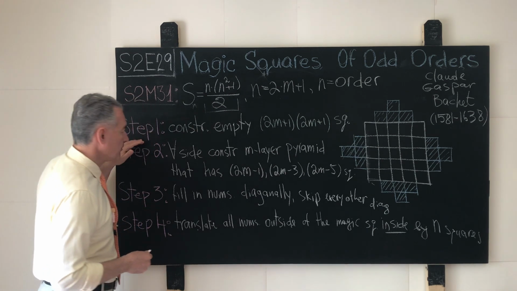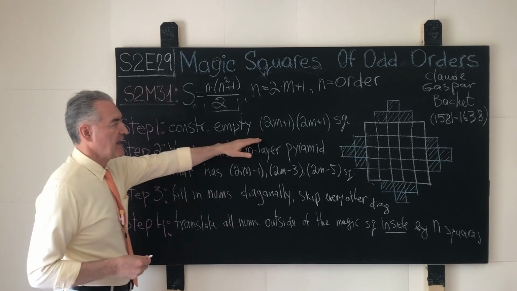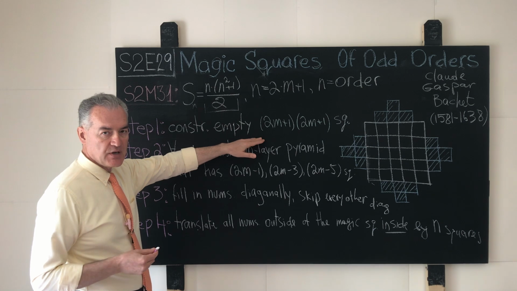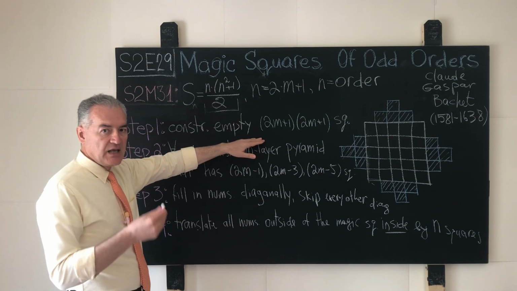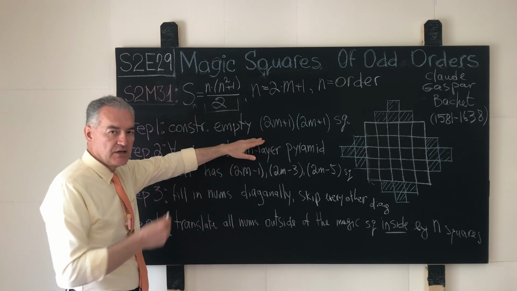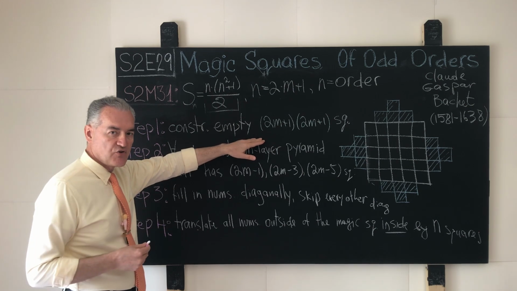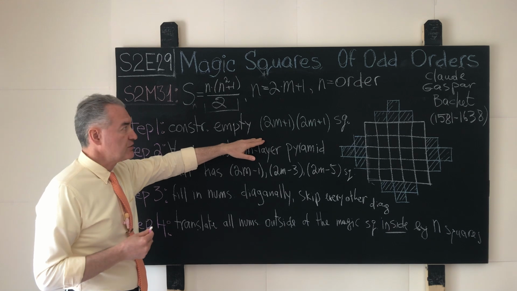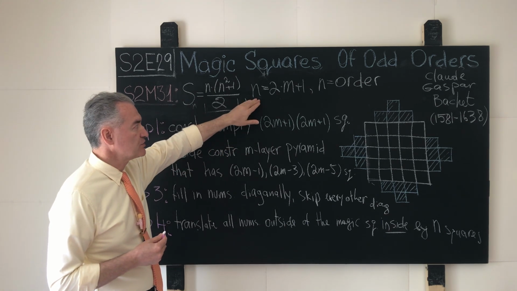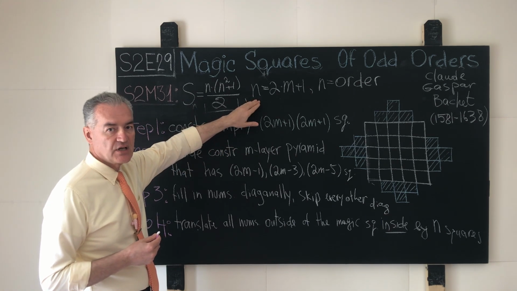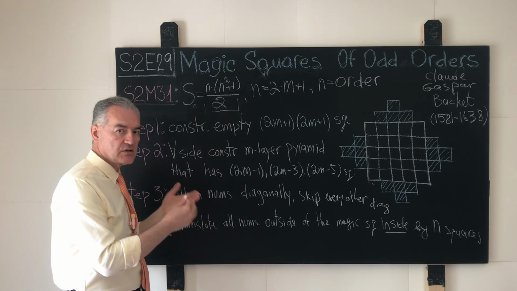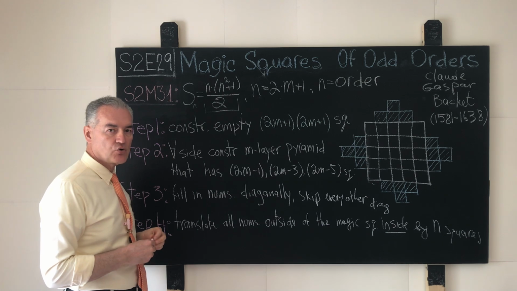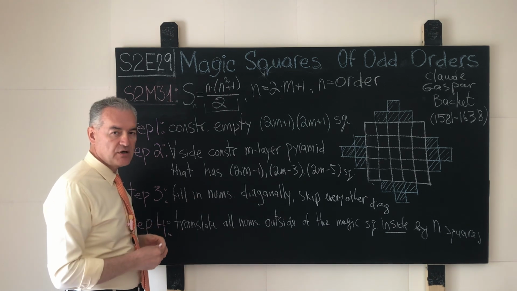In the first step, we are to construct an empty n by n magic square, which we explained how to do in the previous segment. In this episode, as far as the Bachet algorithm is concerned, we're dealing only with squares n by n, where n is an odd number, and in this case the linear size of the underlying or parent magic square is called the order of that square.